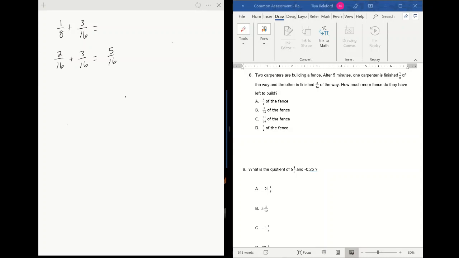If you get excited and circle that answer, you did a lot of work and still got it wrong, because they are building 16/16 of a fence. They've finished 5/16. That means there are 11/16 left.